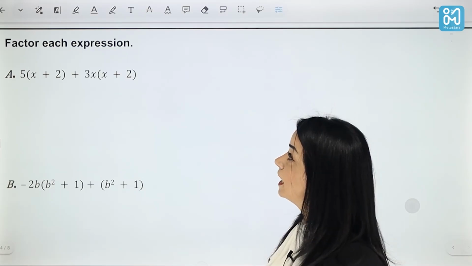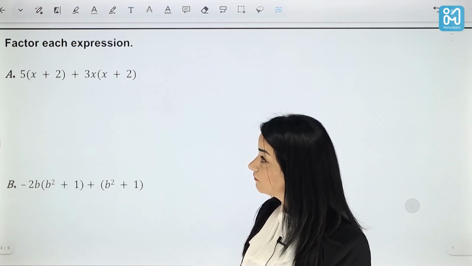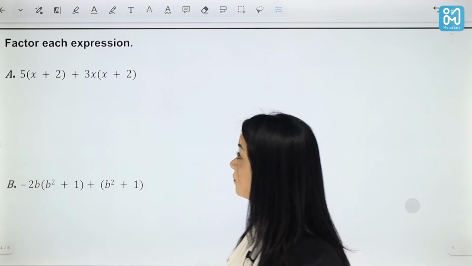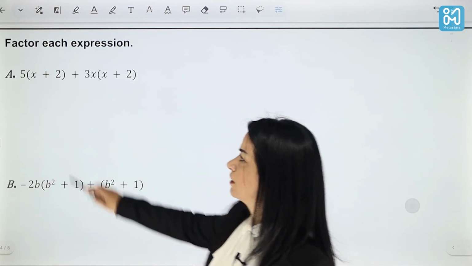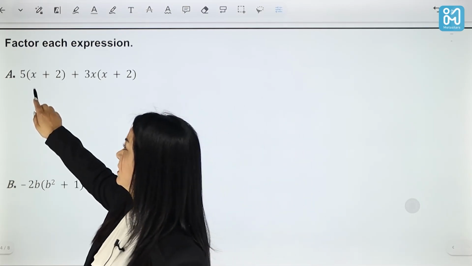Okay. Now, let's read this one. It's 5 times x plus 2 plus 3x times x plus 2. So here, the first one is 5 times x plus 2. Let's write it on the side.